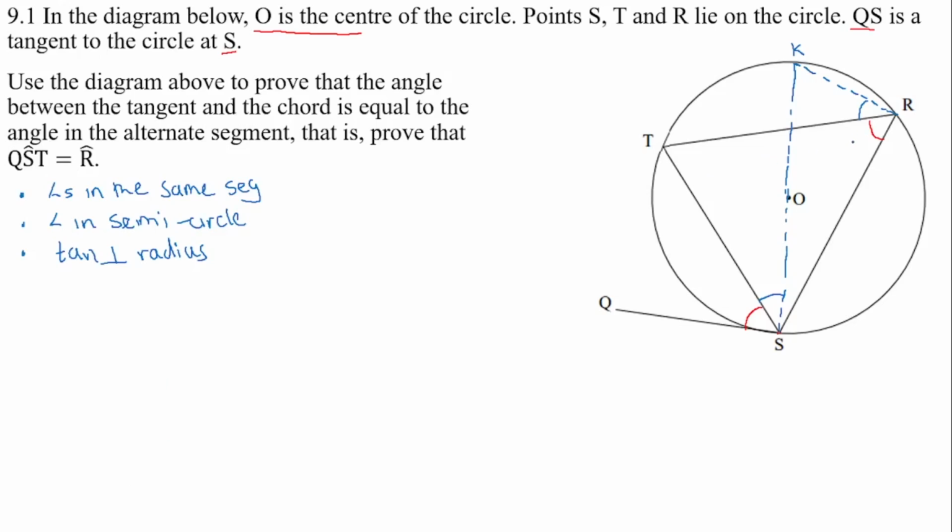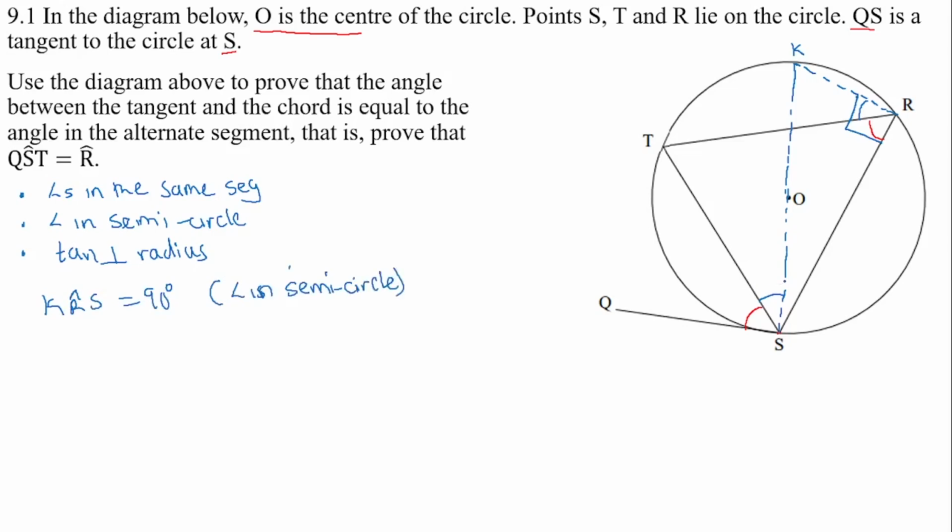Right. So now what do we have? We have angle KRS. What is the size of angle KRS? Right, angle KRS is equal to 90 degrees. And then what's the reason? Angle in semicircle.